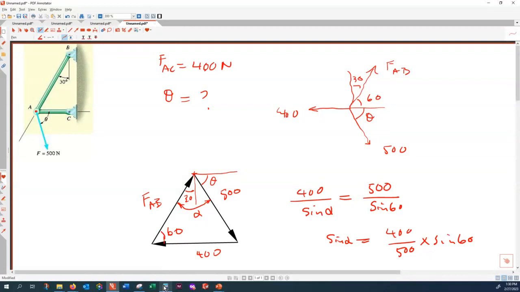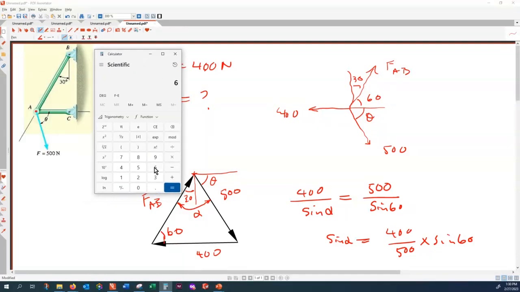And if I solve that, that is sine 60 multiplied by 400 divided by 500. So that is sine alpha, but alpha is 43.8 degrees.